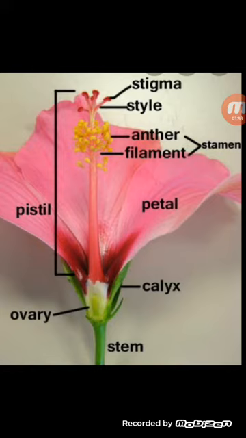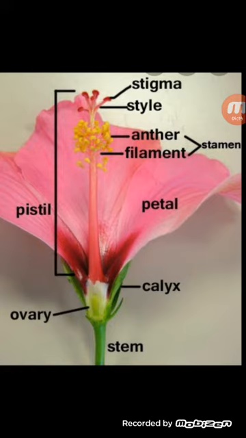So of this, which is the male part and female part of the flower? Stigma, style and ovary, which is also called pistil, is the female reproductive part of the flower. It is also called gynoecium.